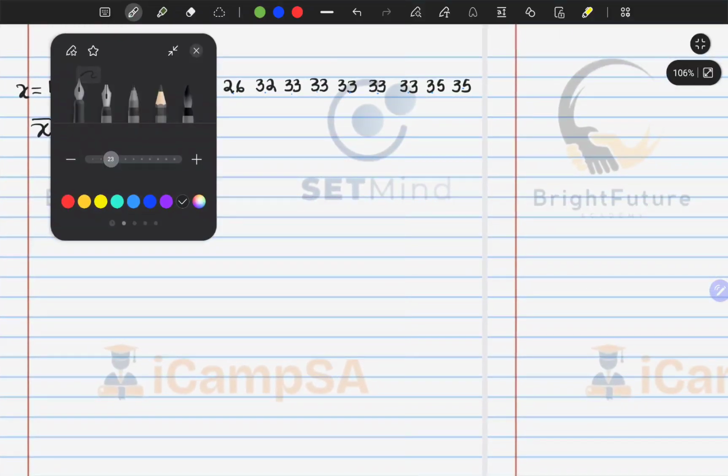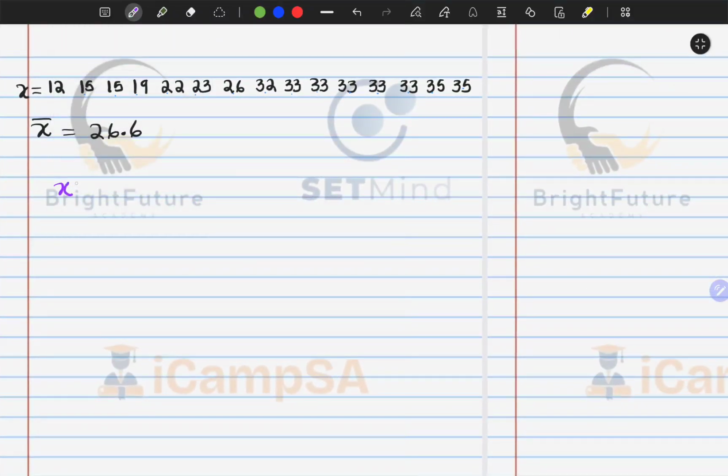So here's what we are going to do. We're going to have x here, and then we are going to have your mean. Then we are going to have x minus your mean, and then x minus your mean, and this will be all squared.